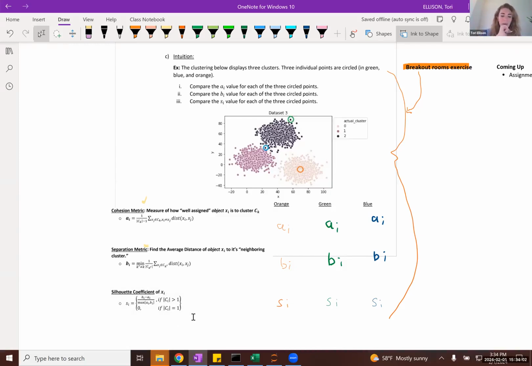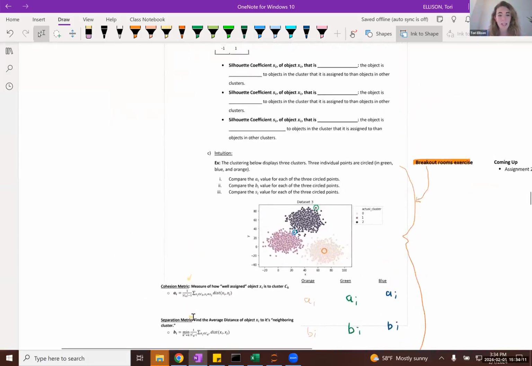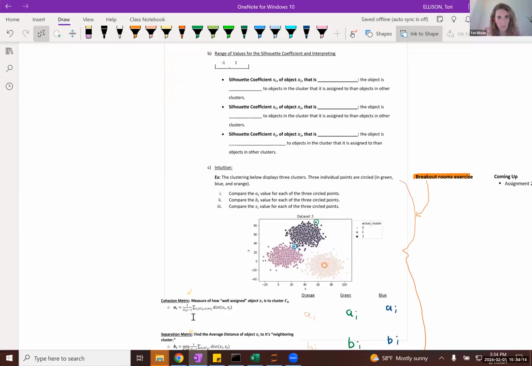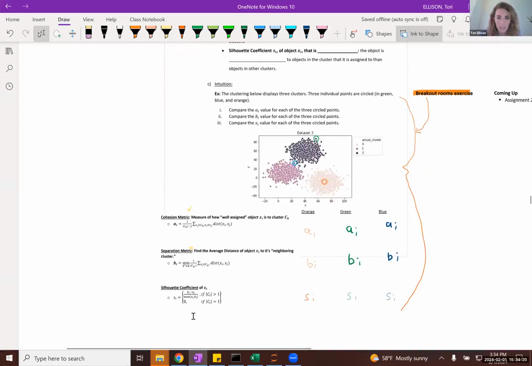But we didn't actually get to the part in which we describe how we interpret these silhouette scores. What we did discuss is that the silhouette score for a given observation is always going to range between -1 and 1. So by approximating ourselves what the silhouette score for each of these three circled points is, we hope to gain some intuition as to what these silhouette scores are actually calculating, so what these distinct values mean.